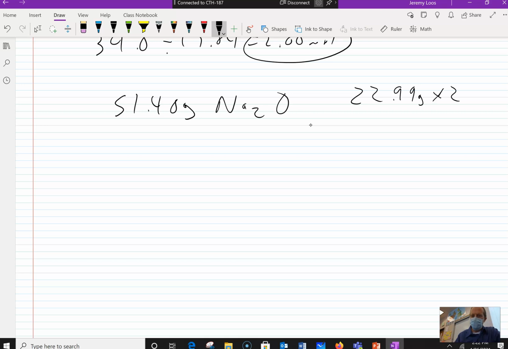But there's 2 of those, so I got to multiply that by 2. And then I got to add that to oxygen's mass, which we can call 16. And we're going to get about 61.98, I believe. Now I can change that into a conversion factor because this is a true fact.